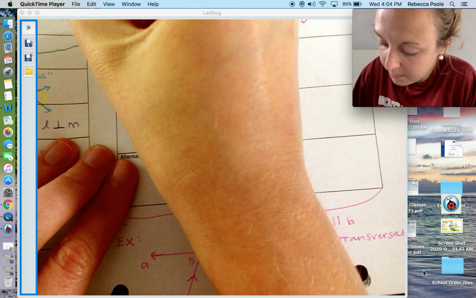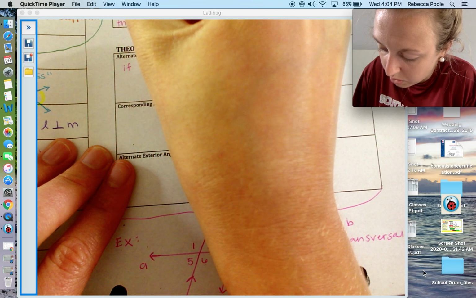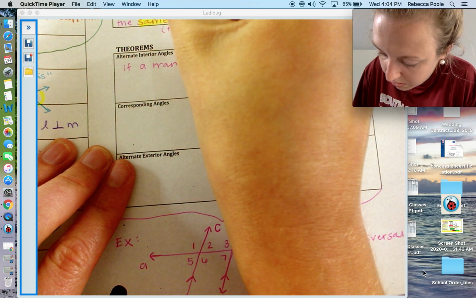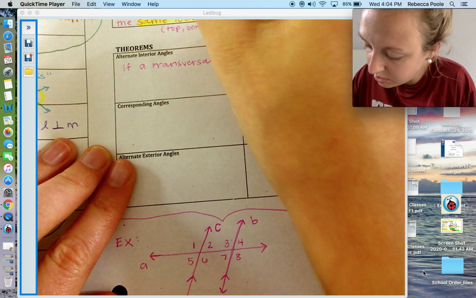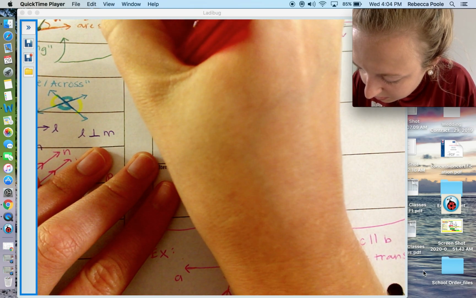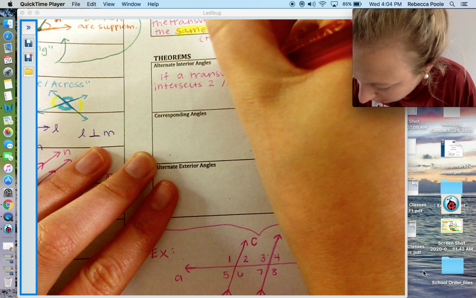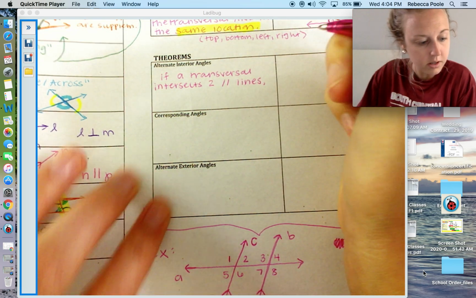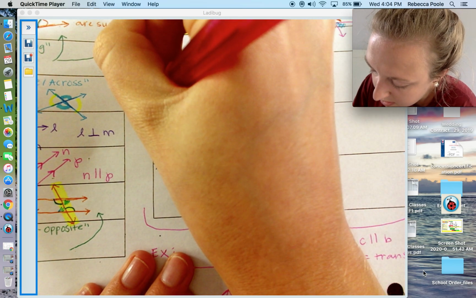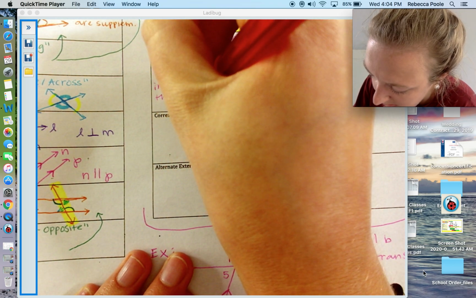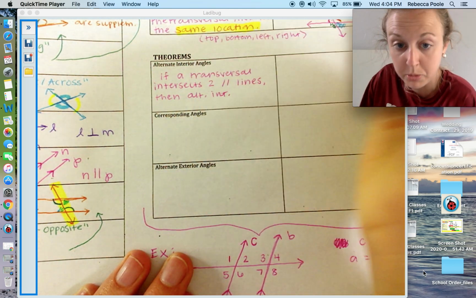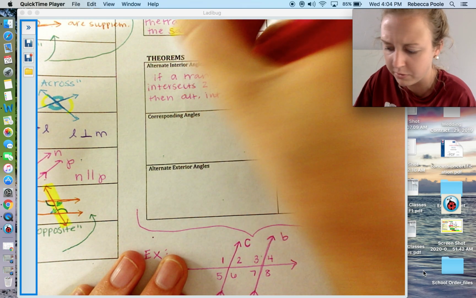So if a transversal intersects two parallel lines, then alternate interior, I'm abbreviating, what the heck is that?